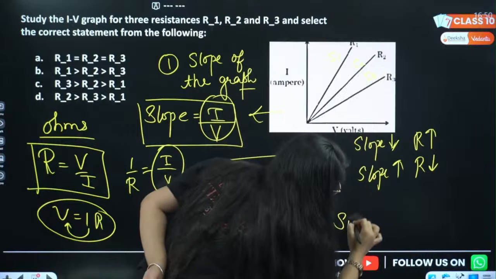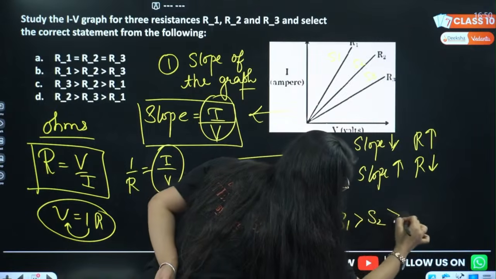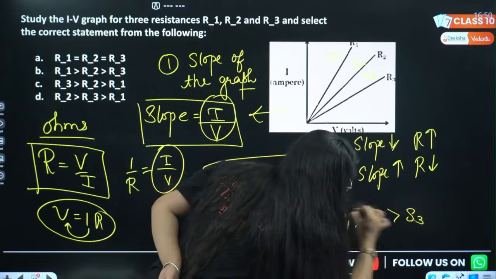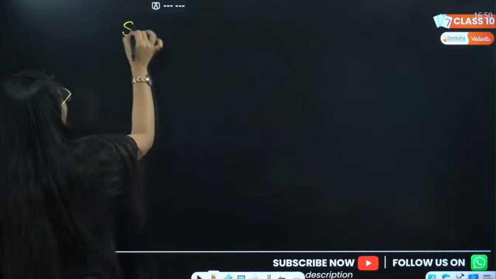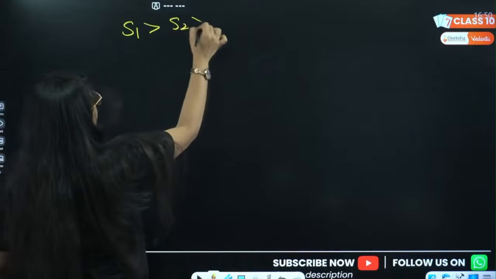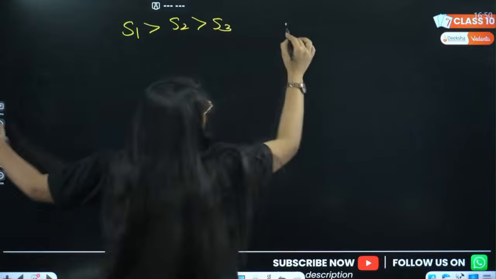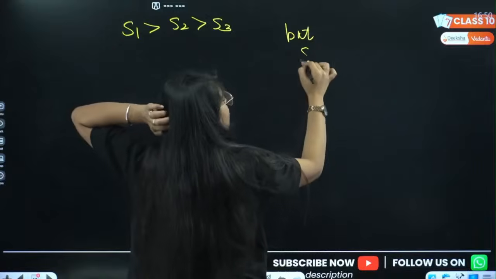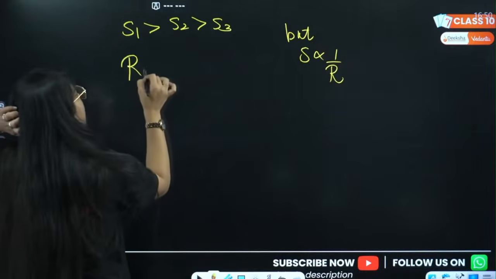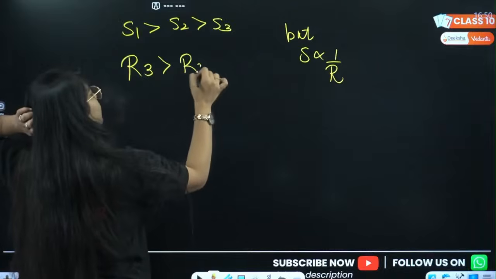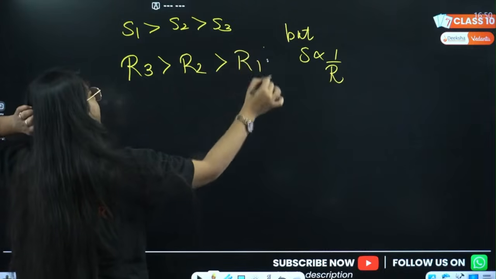That means S1 is greater than S2, greater than S3. This is very basic, right? We have S1 greater than S2 greater than S3. But we know that slope is inversely proportional to R. That means R3 will be greater than R2, greater than R1.